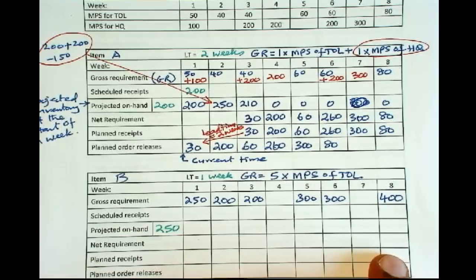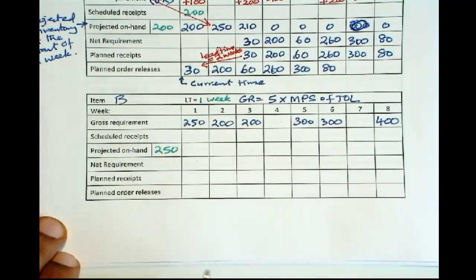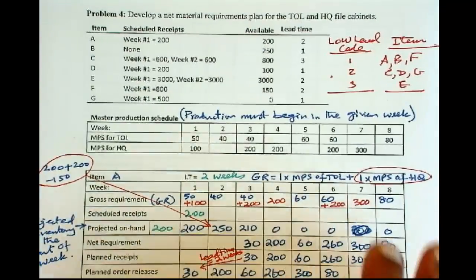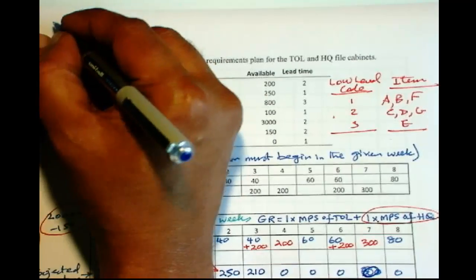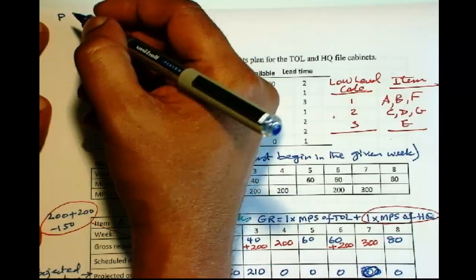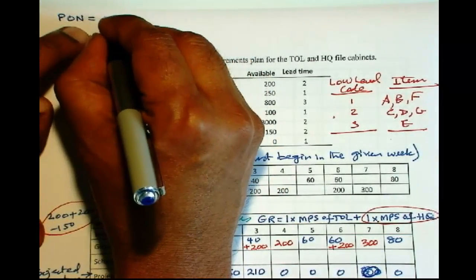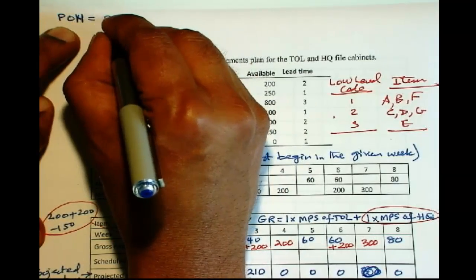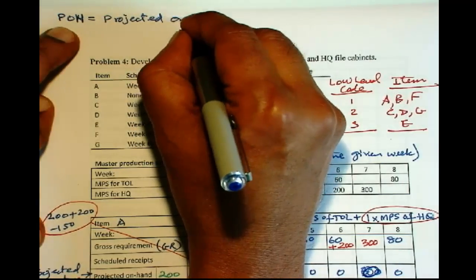After that, we can start writing the projected on hand. So let me give a formula for projected on hand. I will use the abbreviation POH, projected on hand.